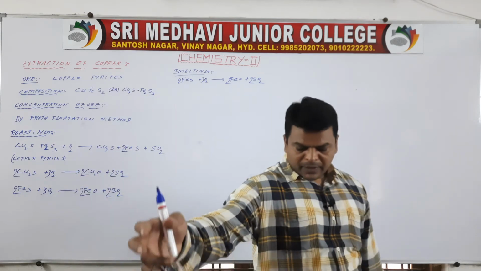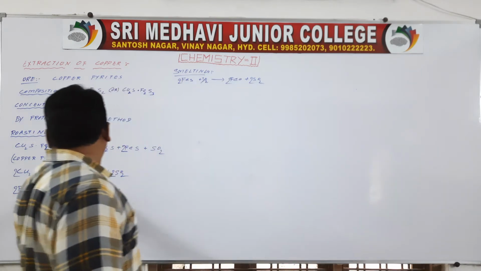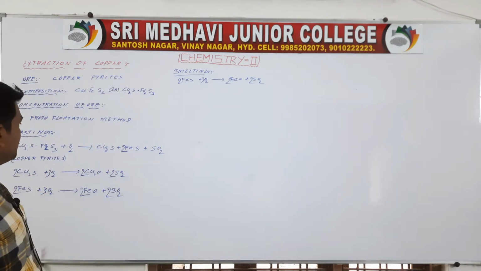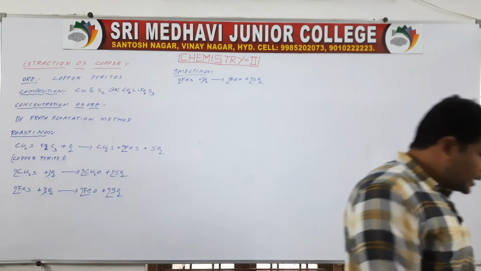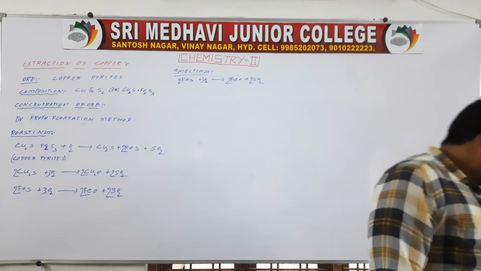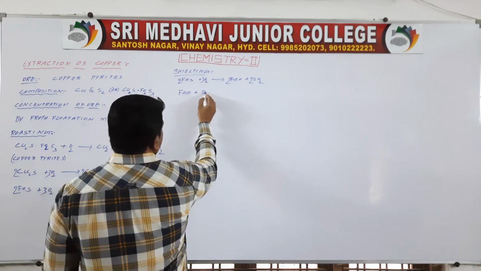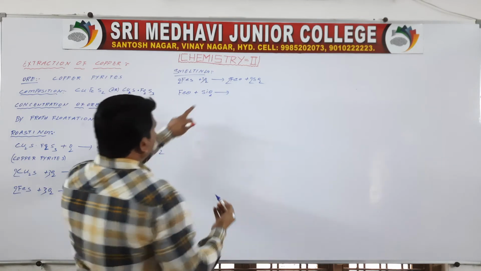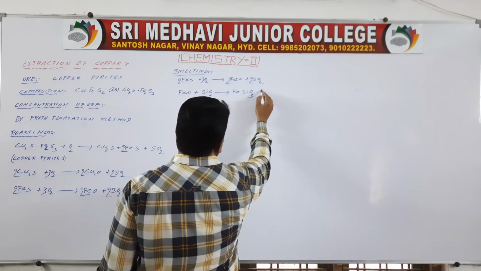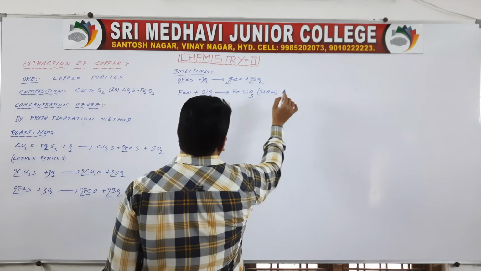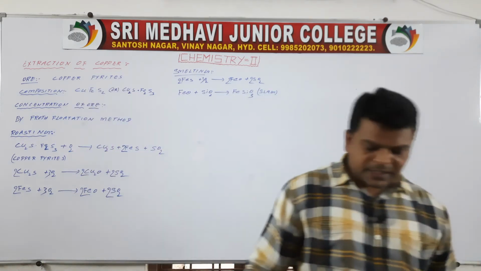Smelting means adding coke to the Cu2S and heating in a blast furnace. Then FeO reacts with SiO2, which is an impurity, and forms a slag, FeSiO3.